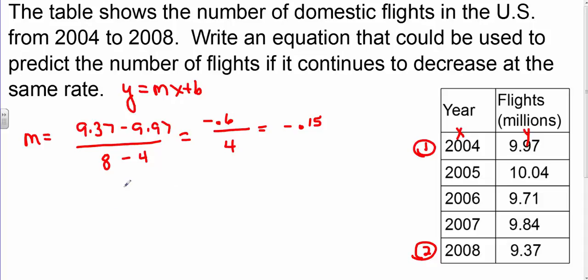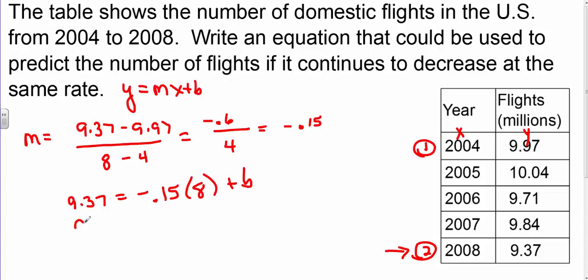So we come over here and we choose, let's choose 8 and 9.37. Let's choose this point right here. So we go y, which is 9.37, is equal to negative 0.6, oh, excuse me, 0.15, negative 0.15 times 8 plus b.